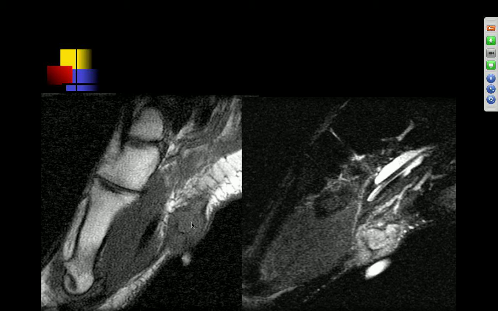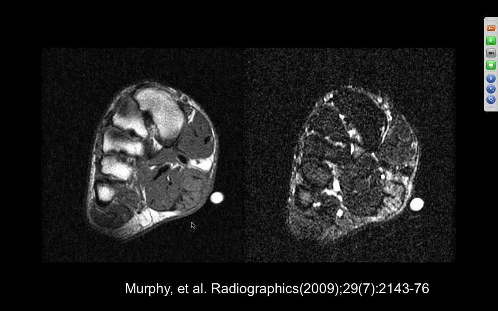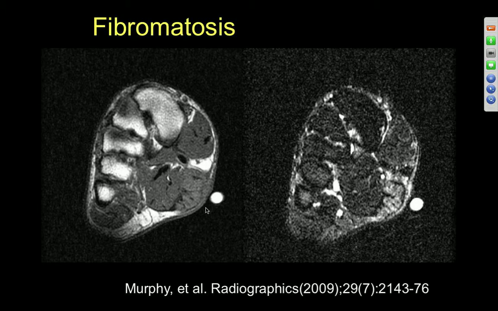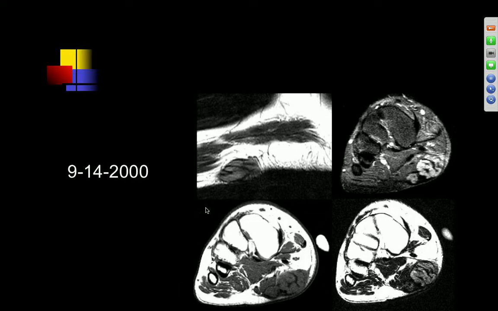There may be some true benign fibrous neoplasms which can present here, but considering this typically occurs in the plantar fascia where you know there's a lot of stress on it, my guess is that a lot of these lesions are probably due to hypertrophic scar formation from repetitive injury to the plantar fascia. But here we can see it again. The treatment typically for these is a wide area resection.